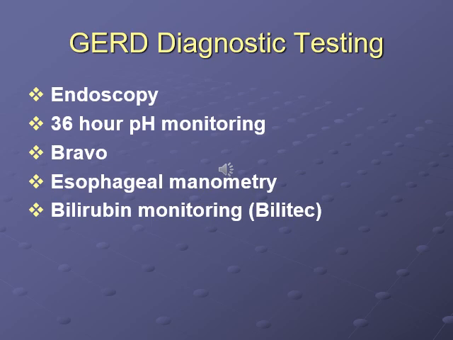And then bilirubin monitoring, or BiliTech, measures the bile reflux pattern. So there are many things that could be helpful, but again, none of these things necessarily would need to be done to be confident that the patient has GERD and confident as a healthcare provider to start them on the medications that would be the appropriate treatment. Because even if they do these tests, the treatment is typically the same.